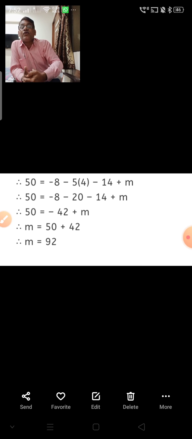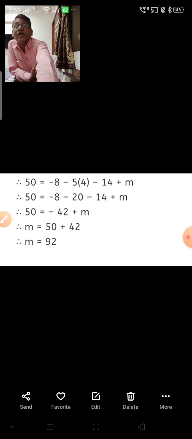Therefore 50 is equal to minus 8, 5 fours are 20, minus 14 plus m. Now minus 14 minus 8 is 22, and 20 makes 42, so minus 42 plus m.